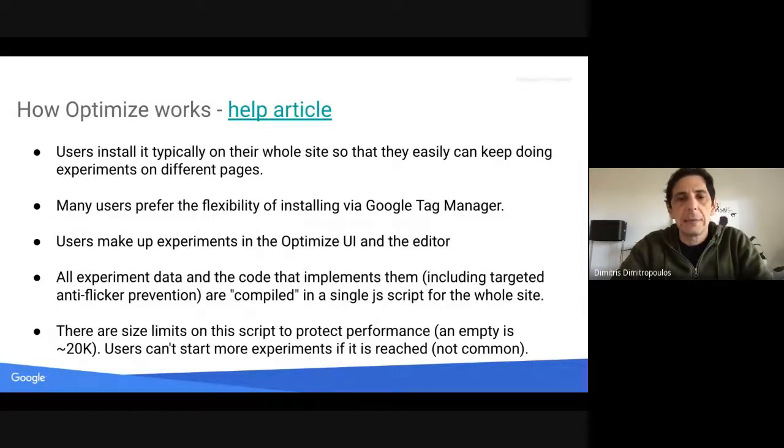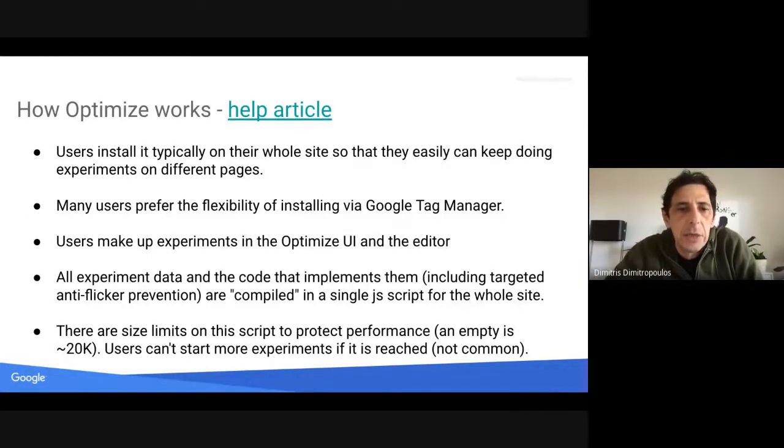Using Google Tag Manager was also mentioned. It's a very big thing we are seeing. People prefer the flexibility of adding and removing experimentation on pages, or doing it in a subset of their site. As it was mentioned, again, it's a suboptimal situation because there is another asynchronous request that needs to happen.